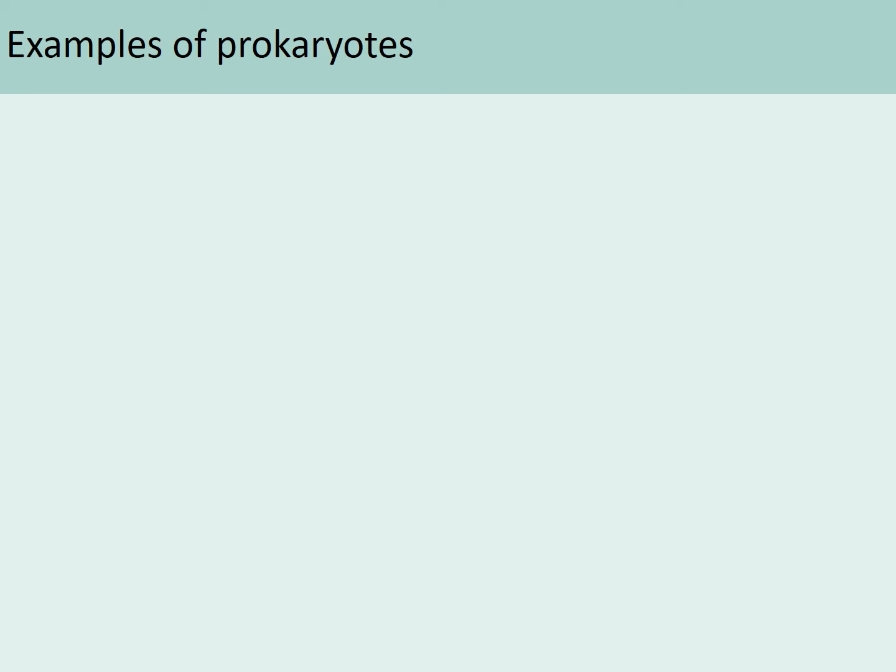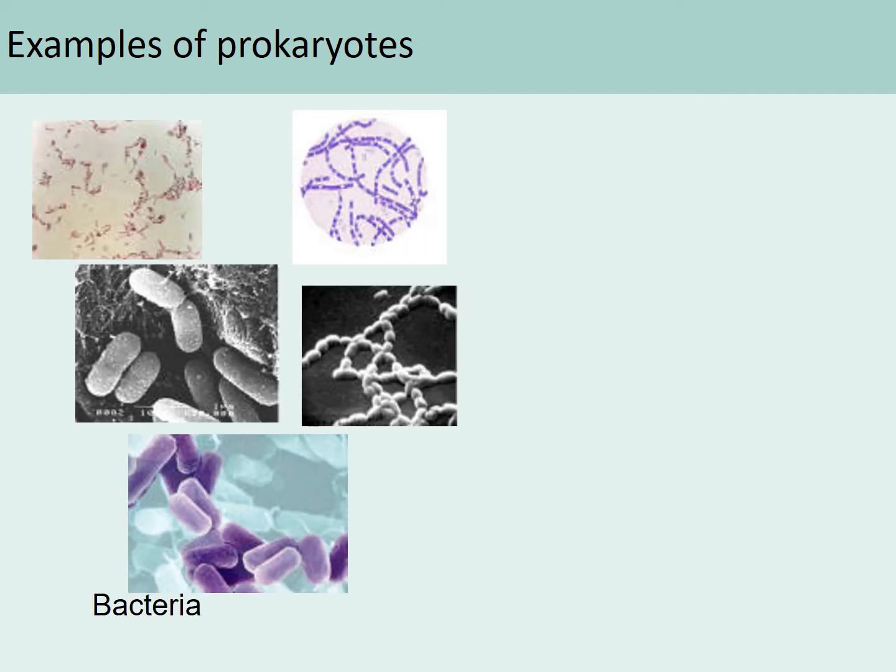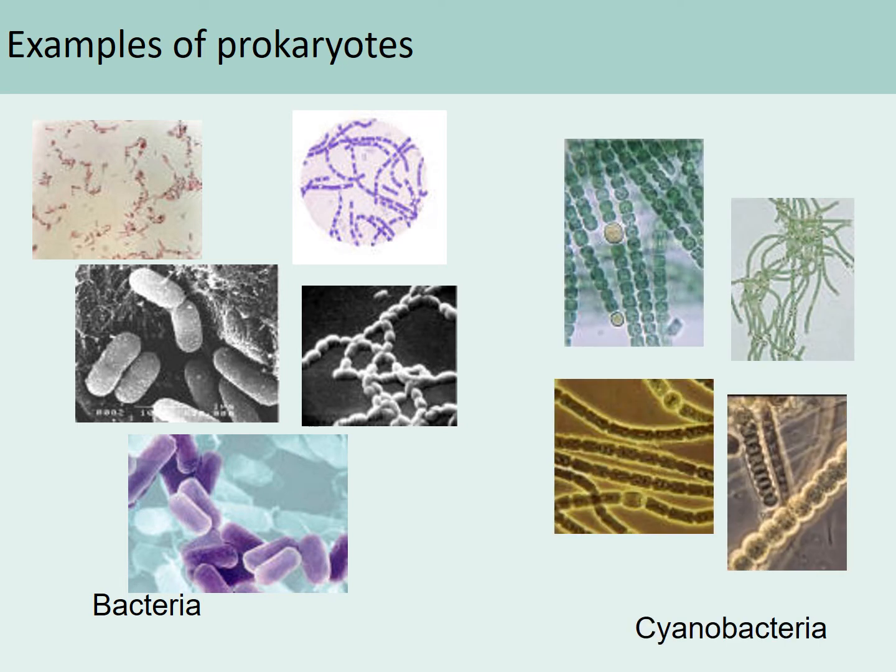Right, examples of prokaryotes. Now, this is actually a very large group of organisms that contain many different species of bacteria. So here are some pictures taken under very powerful microscopes of bacteria, and also cyanobacteria.